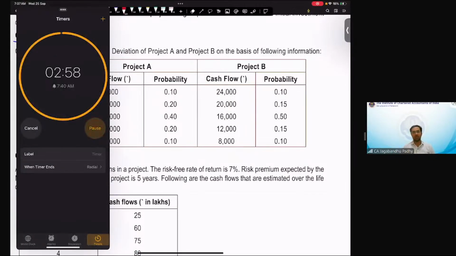Yeah, come on, guys, quick. You can just scribble around quickly to check the calculation part. You need not write it fully with proper handwriting. Quickly solve project B and give me the values of expected cash flow and the variance along with the standard deviation.